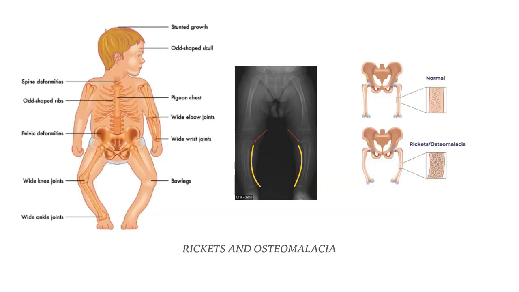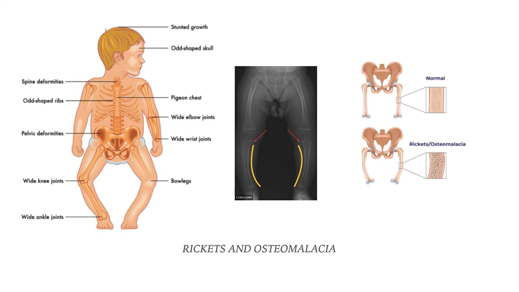So on this slide, you see some symptoms of rickets and osteomalacia. Some signs of rickets in children are stunted growth, odd-shaped skull, spine deformities, pelvic deformities, and wide ankle joints, wide knee joints, and odd-shaped ribs. They have an appearance of a pigeon chest and wide elbow joints and wide wrist joints.